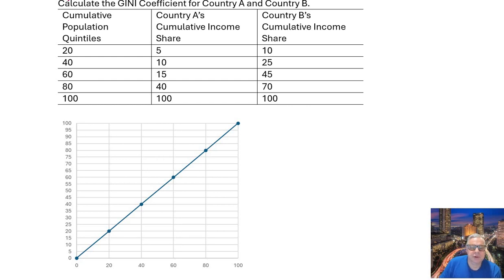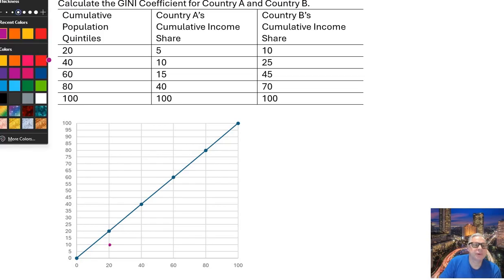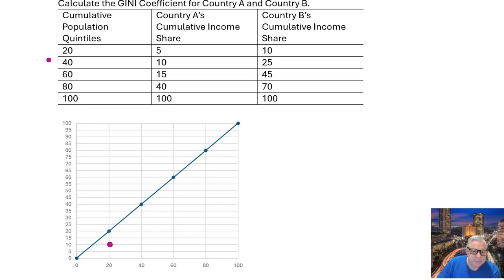So 20% have now 10. Let's make it a little bit bigger, so 10. 40 have 25. 60 have 45. 80 have 70.